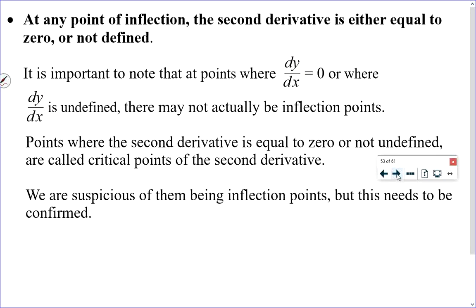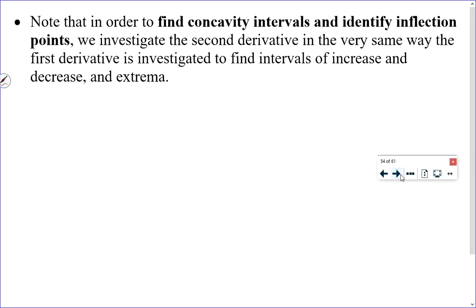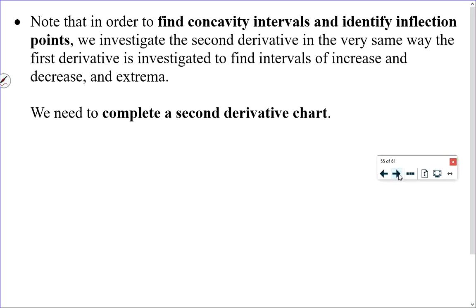And these points are points that we are suspicious of being inflection points. In order for us to determine if they truly are, we need to do a second derivative chart. We need to identify those critical values of the second derivative, complete a chart to find out where it's concave up and where it's concave down.